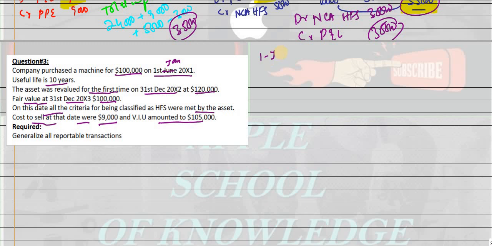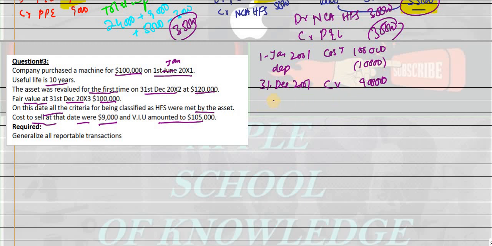Now first, 2001, cost is $100, right? And the depreciation for this year is 10,000. Okay, now on 31st December 2001, the carrying value is 90,000.